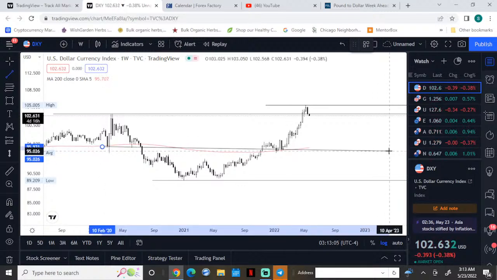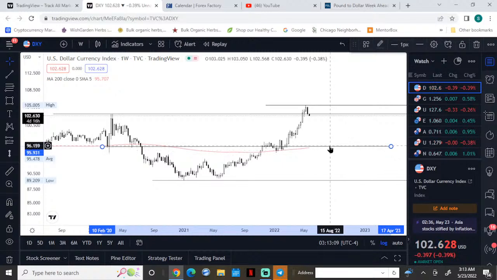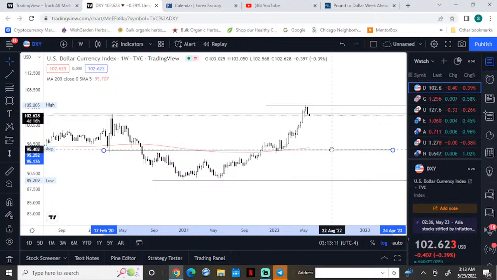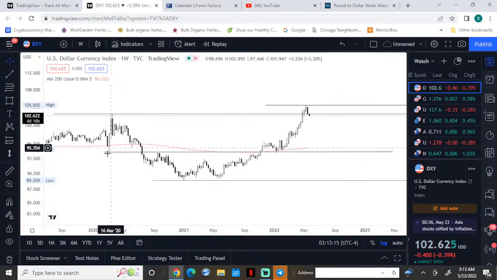I like to mark the main area that was touched at least 2 to 3 times. We got 1 touch here, got 2 and 3. So on the weekly, it looked like it broke, retested, and dropped.